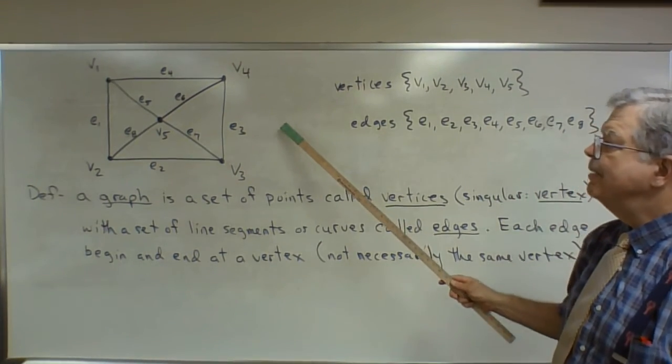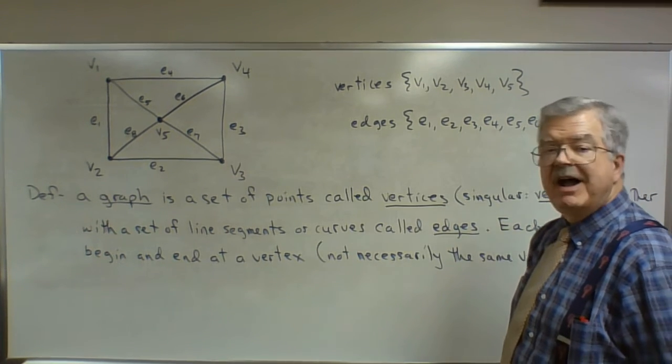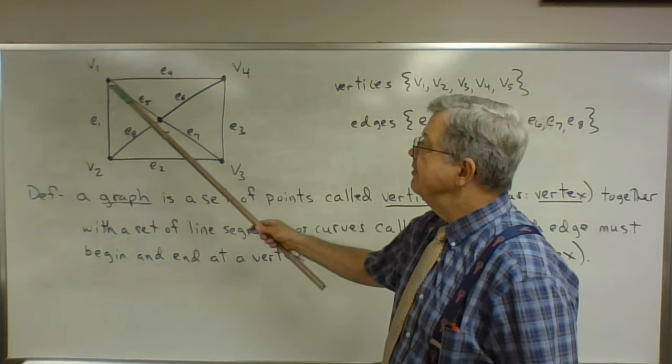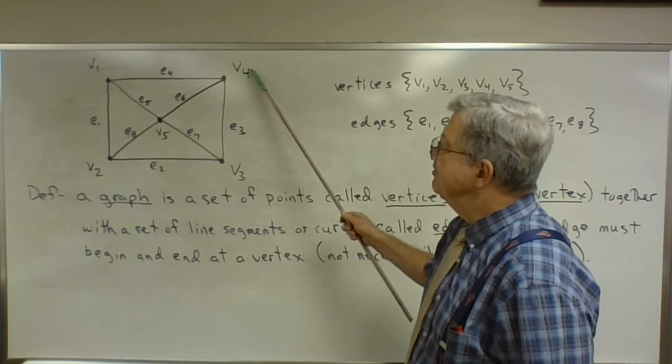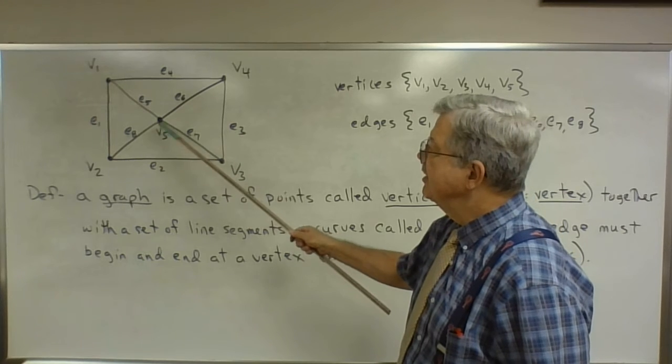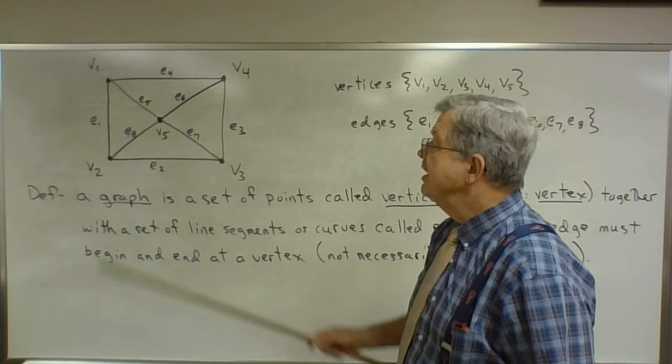Here's a rather complicated looking graph. We have 5 vertices, V1, V2, V3, V4, V5, and a whole bunch of edges.